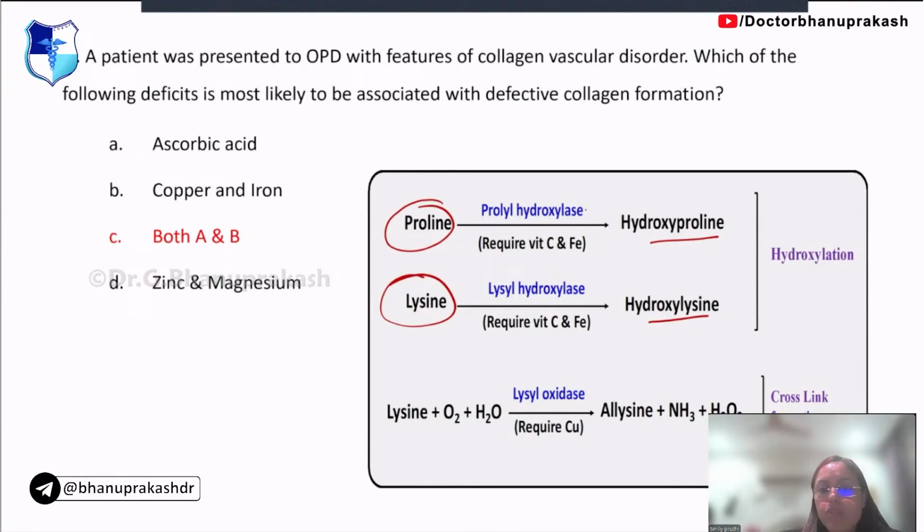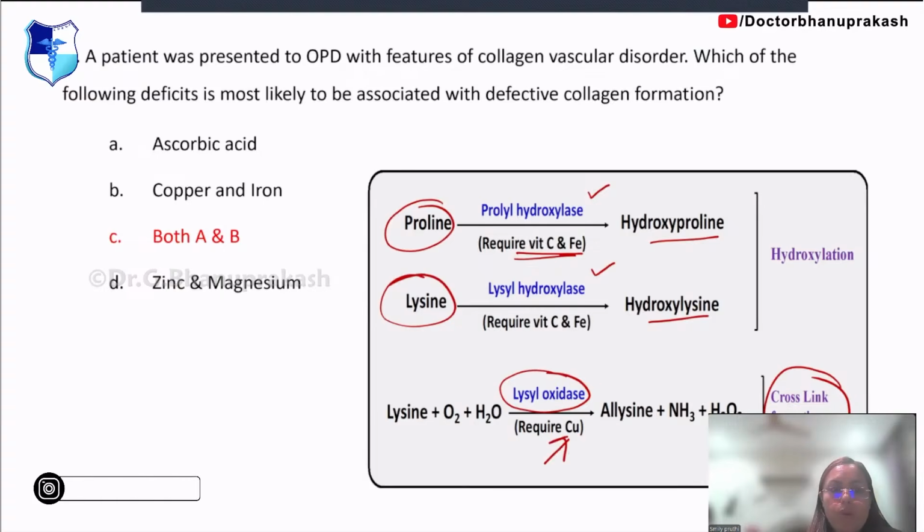For the hydroxylation, the prolyl hydroxylase and lysyl hydroxylase enzymes require vitamin C and iron. Then for making the cross-link formation, lysyl oxidase is required, which requires copper. So copper and iron are the minerals required, and the vitamin is vitamin C.